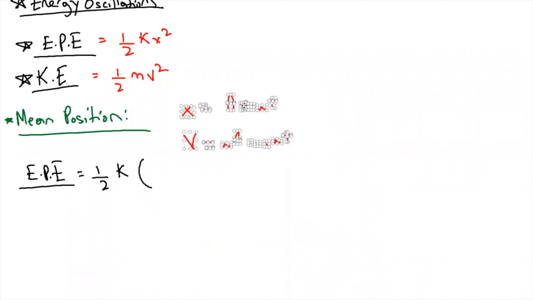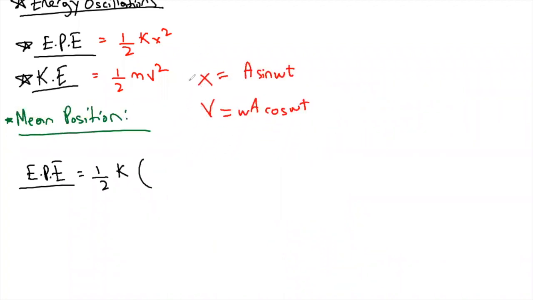So I can substitute that. So it's going to be, okay, let's use a red color, A sine omega t. Now I'm going to square it. And I'm going to get 1 over 2 k A squared sine squared omega t.